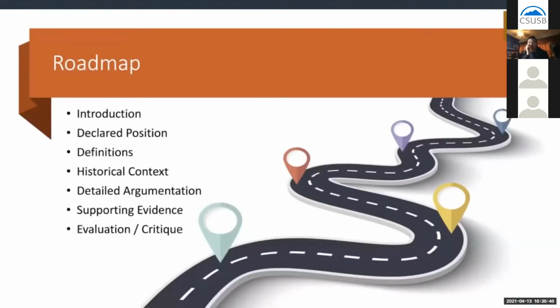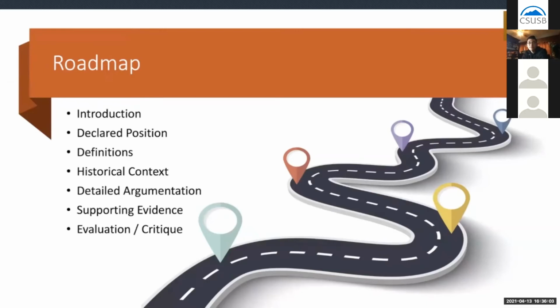Okay, so just a roadmap, basically how I'm going to introduce everything. First, I'm going to start by introducing DACA, and then give you a better idea why I stand by that program. Then I'll define some of the keywords so you have an idea of exactly what I'm talking about as I go through all of the different information.